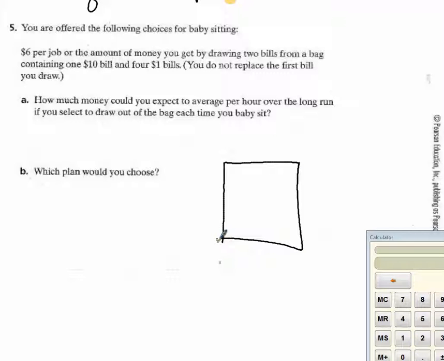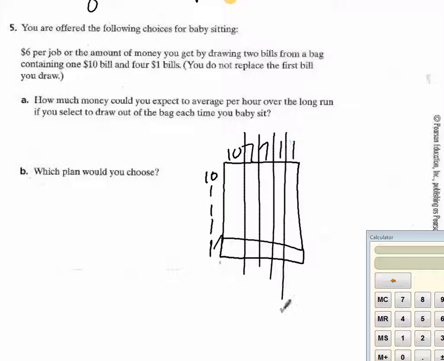So let's figure this out. So I have a 10, a 1, a 1, a 1, and a 1. So again, I'm making an area model. I can't get 2 10s, and these are the same bills, right?